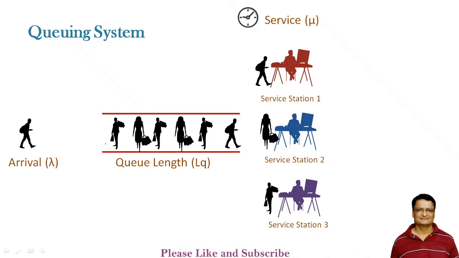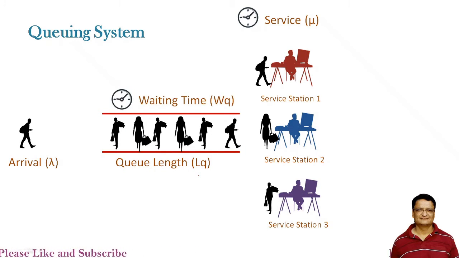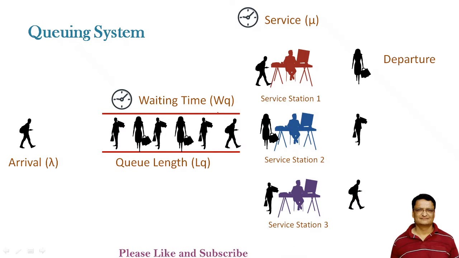So the number of customers waiting in a queue is your queue length. Also, customers have to wait in a line or in a queue, and that time is denoted by the waiting time. As customers get the service, they depart from the service station.